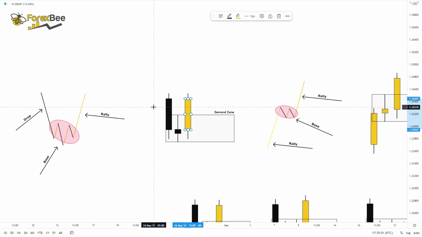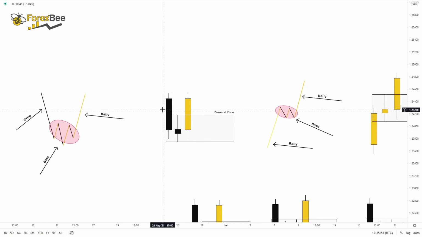The sellers were in control, but there was more demand than supply, and the buyers took control of the market and started moving the price upward. These are two big candles with one base candle, so this is also a demand zone. This demand zone is drop, because the price dropped here, then a base region, and then a rally region where the price moved upward.